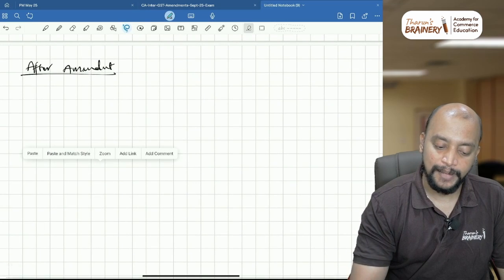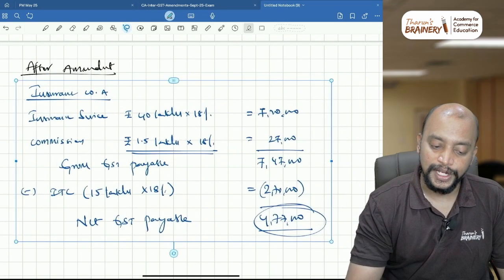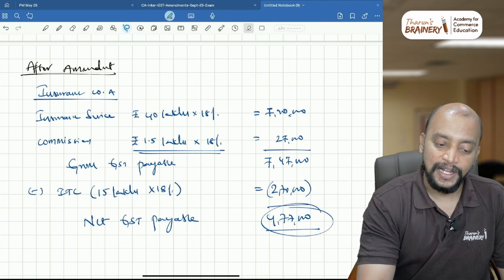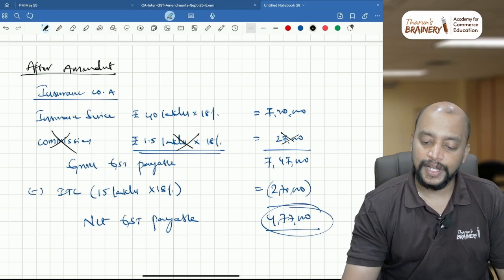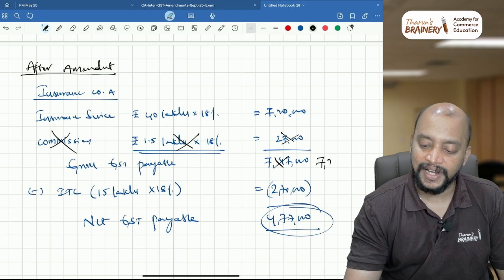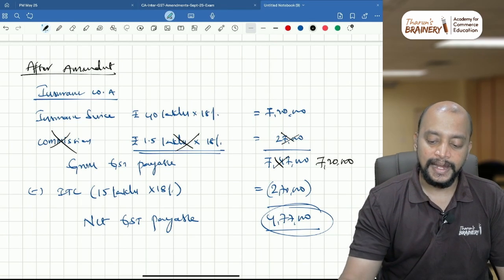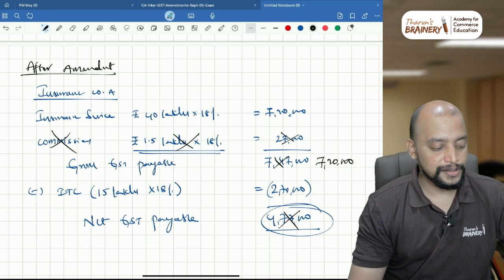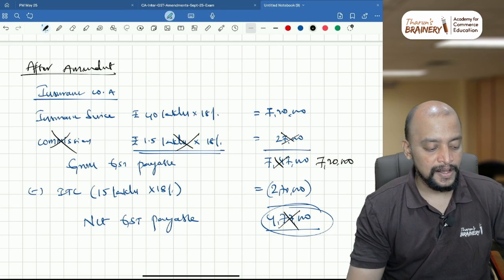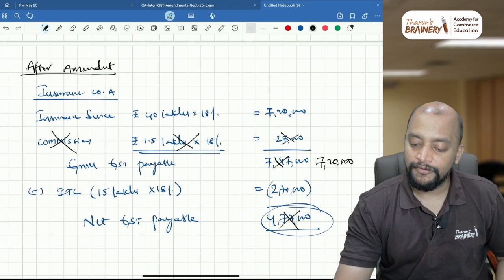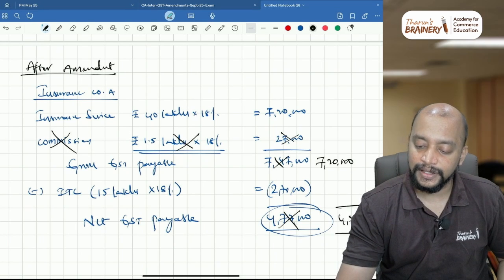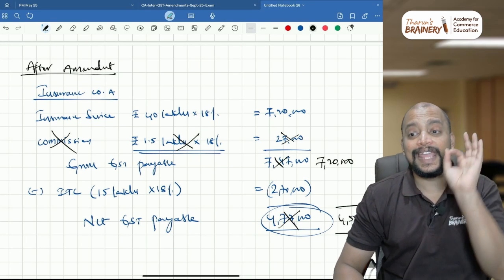After amendment, insurance company A will not pay GST on this 27,000. So the gross liability will be 7,20,000 minus 2,70,000, which comes to 4,50,000. This is in the case of insurance company A.